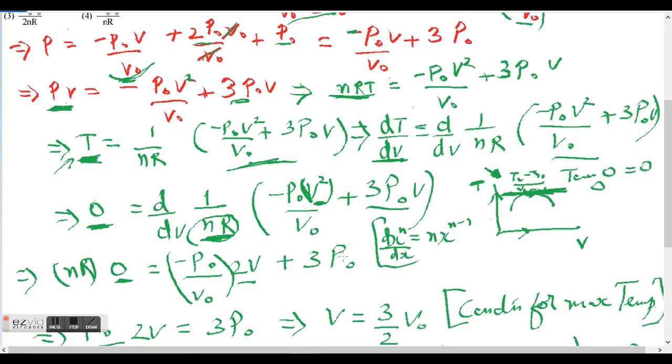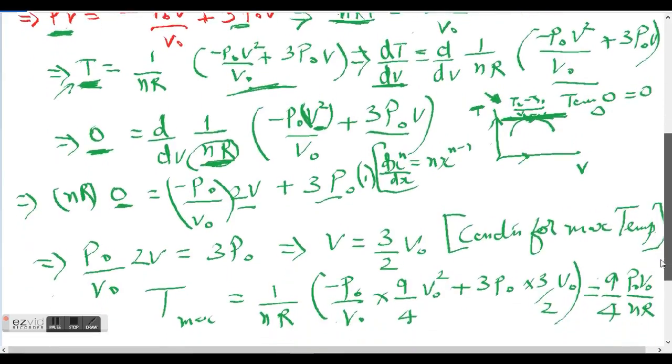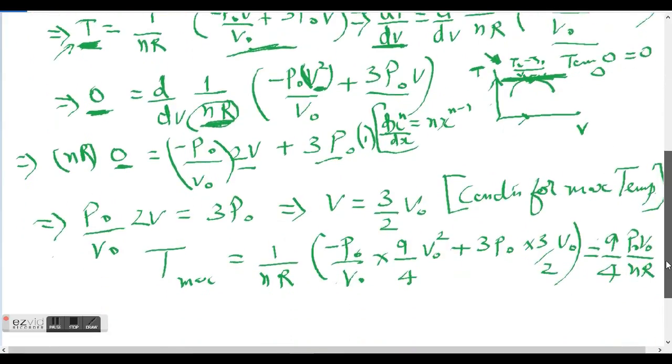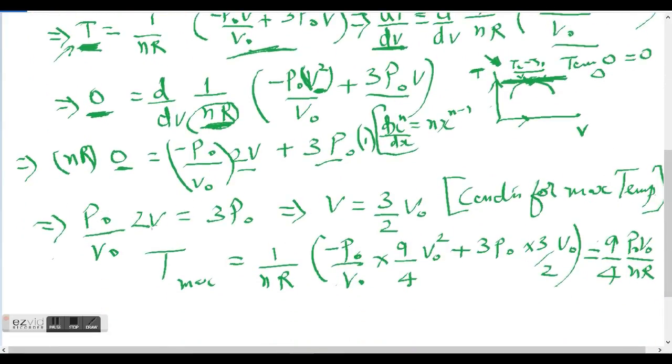And what is the differential of 3P naught V? It is just 3P naught, because V to the power 1 into V to the power 1 minus 1 is V to the power 0, and that is just 1. So I can write 1 here, but it doesn't make a difference, right? And then the next term is P naught V naught.